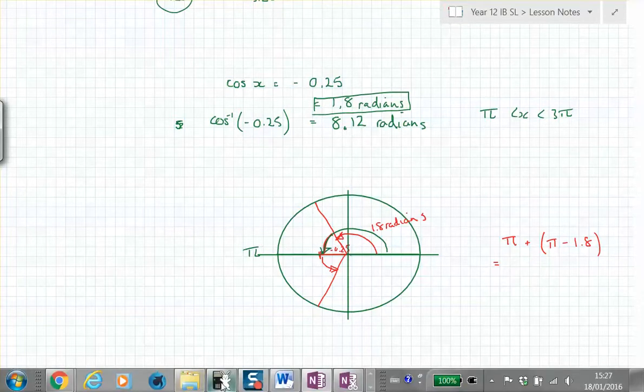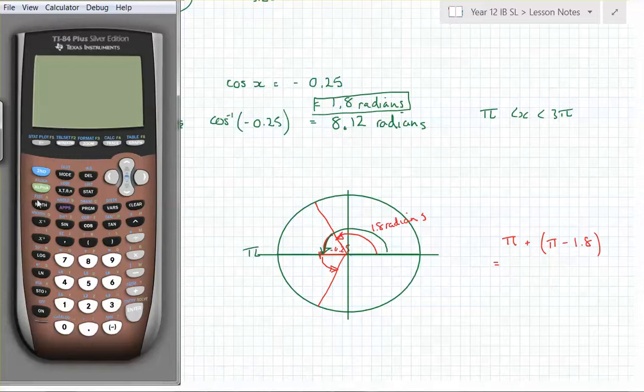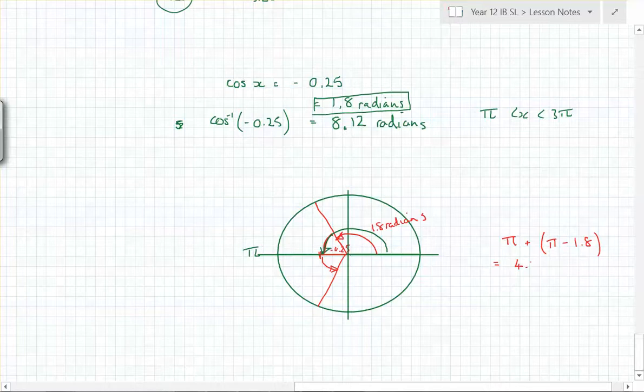Let's be careful, because it's pi plus and then pi minus 1.8, which is 4.48 radians. Is that your first solution?